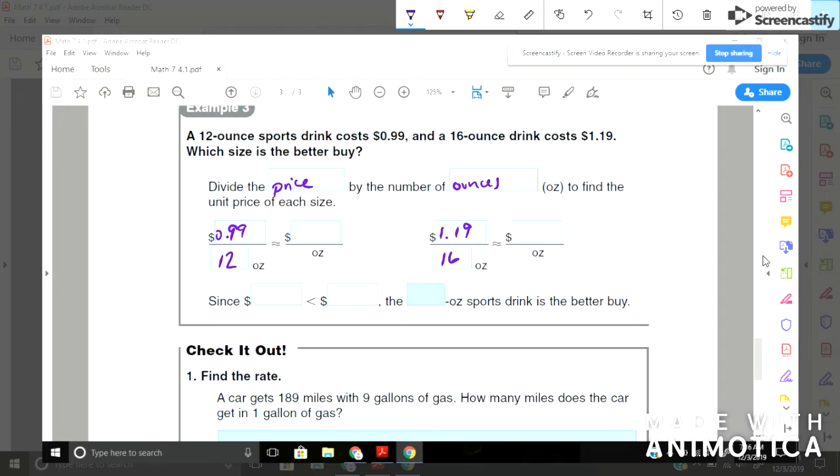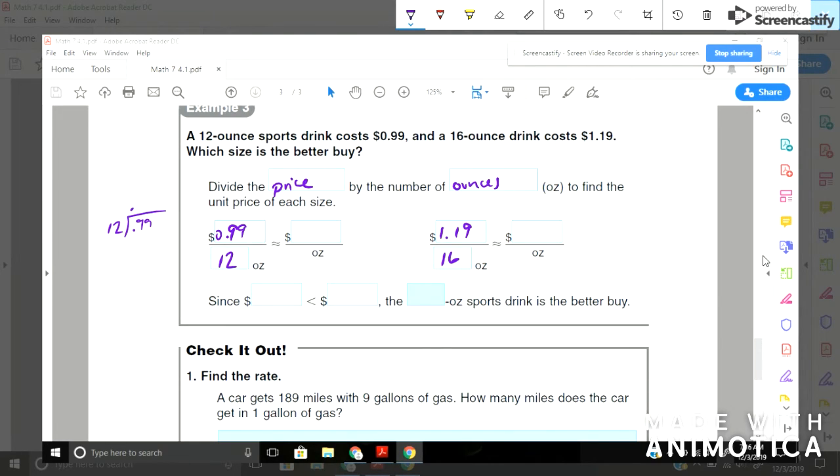remember that the first number goes inside, so 0.99 divided by 12. Bring your decimal straight up. 12 goes into 99 about how many times? Okay.